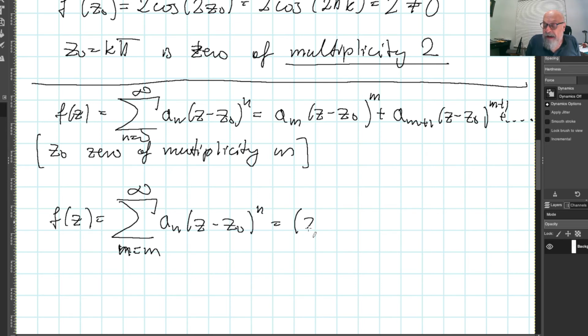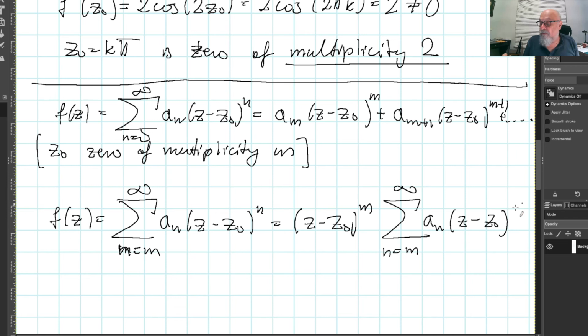I can pull the mth power out, and then I get the sum from n equals m to infinity of a_n times (z minus z0) to the power n minus m.